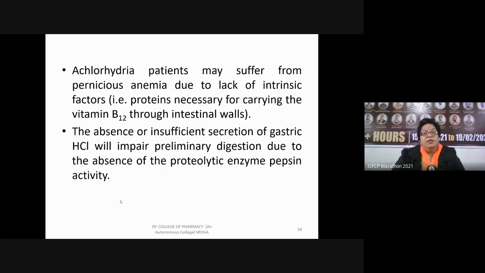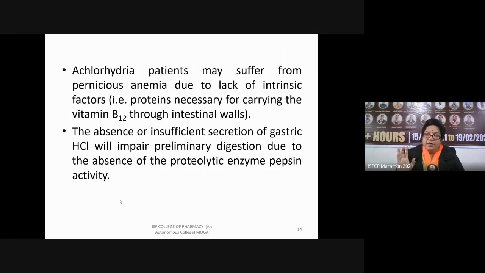The absence or insufficient secretion of gastric hydrochloric acid will impair preliminary digestion due to absence of proteolytic enzyme pepsin activity. I again repeat, the absence or insufficient secretion of gastric HCl will impair preliminary digestion, the very first step of digestion, due to absence of proteolytic enzyme pepsin activity.